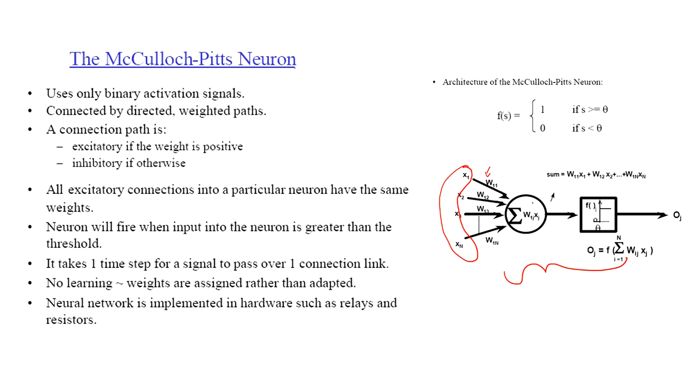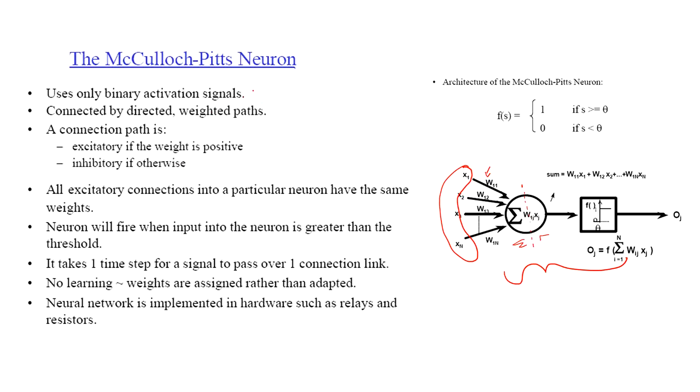Every neuron consists of two main parts. The left side is the summation part, whereas the right side is the activation part.